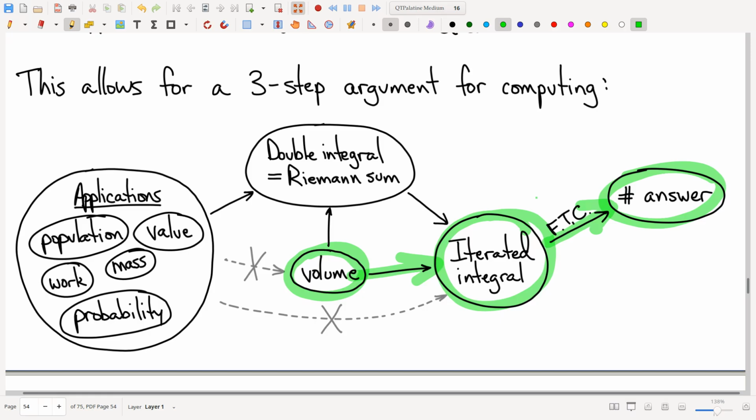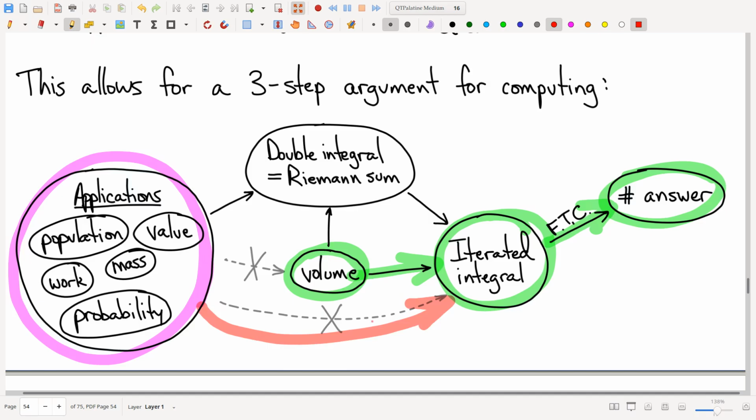Okay. And then I argued, yeah, but this is what we really care about. Volume under a graph, to be totally honest, doesn't come up that often. Most of the time in an engineering context, a physics context, you're computing something like work or mass. And you just can't immediately make it, let me do this in red to be clear, we can't do this.